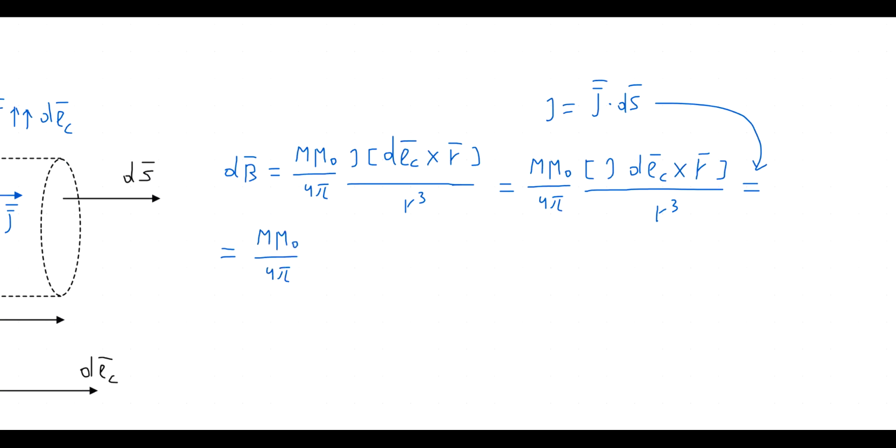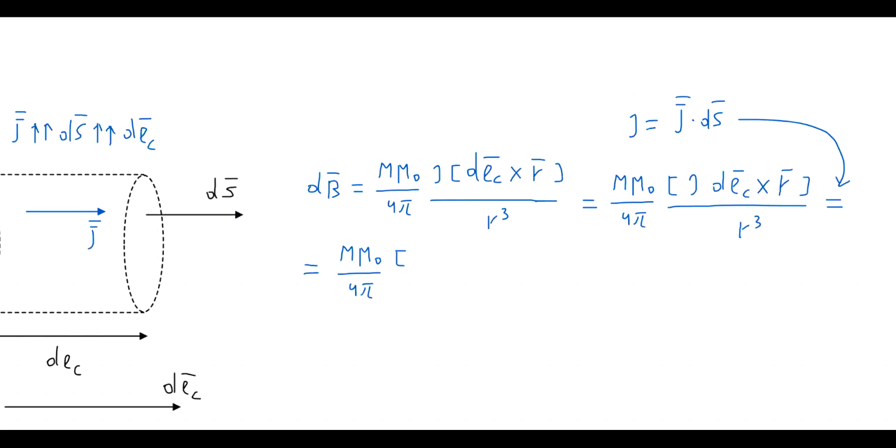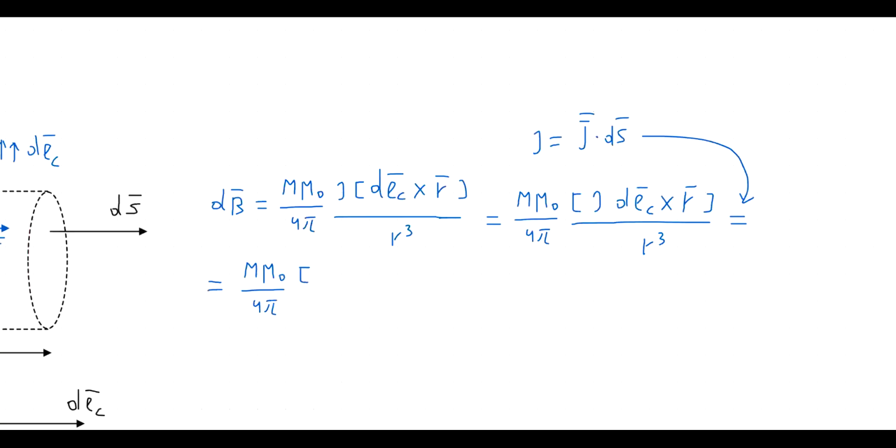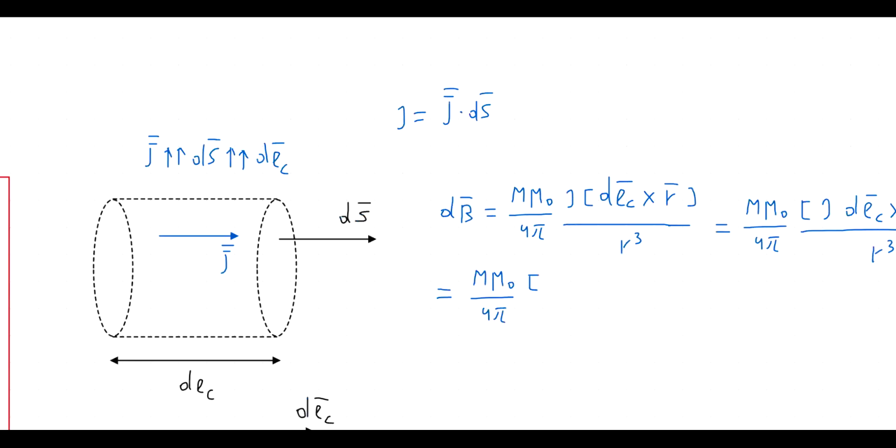It is necessary to say one more thing: because vectors j and dS have the same direction, we can conclude that this scalar product can be rewritten with only their moduli.